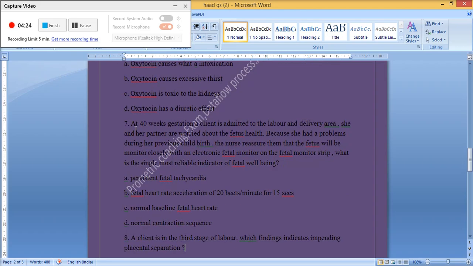A. Persistent fetal tachycardia. B. Fetal heart rate acceleration of 20 beats per minute for 15 seconds. C. Normal baseline fetal heart rate. D. Normal contraction sequence. The correct answer is B. Fetal heart rate acceleration of 20 beats per minute for 15 seconds.